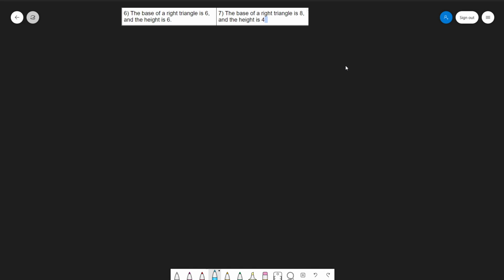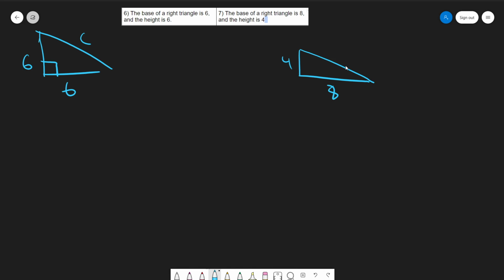Alright, 7 and 8, 6 and 7, same thing. We got a right triangle with a base of 6 and a height of 6 and a right triangle where we're finding C. Over here we've got a height of 4 and a length of 8. I kind of wish I put in some units here, so I'm just going to throw in meters here and centimeters here, even though my centimeters one is bigger, but you know, scales, right?